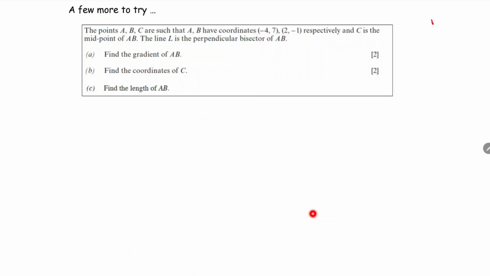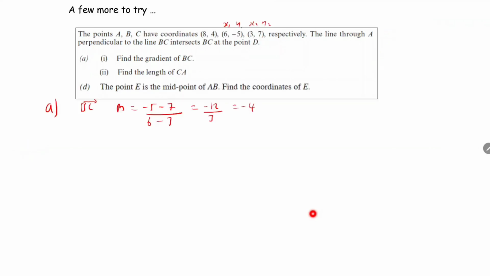So let's check that one. On our diagram, the coordinates 6, minus 5 for point B, and then 3, 7. You can see there's a very steep line coming down, so our gradient seems and feels correct.